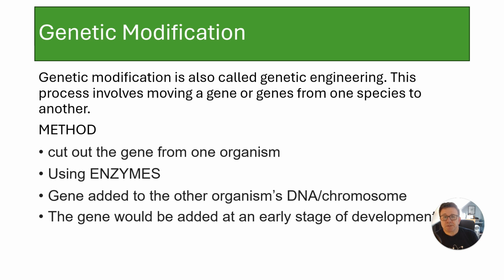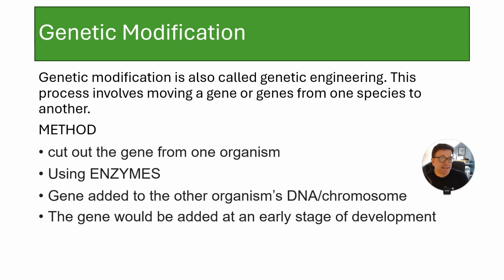Genetic modification, genetic engineering, again, they could maybe give you some data or some information. You do need to know the method: they cut out a gene from one organism using enzymes. You don't need to name the enzyme. Then the gene is added to other organisms' DNA or chromosomes, at an early stage of development.